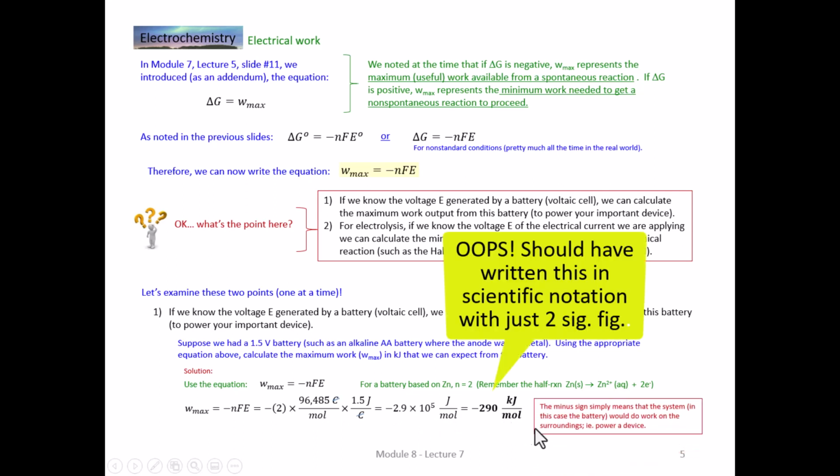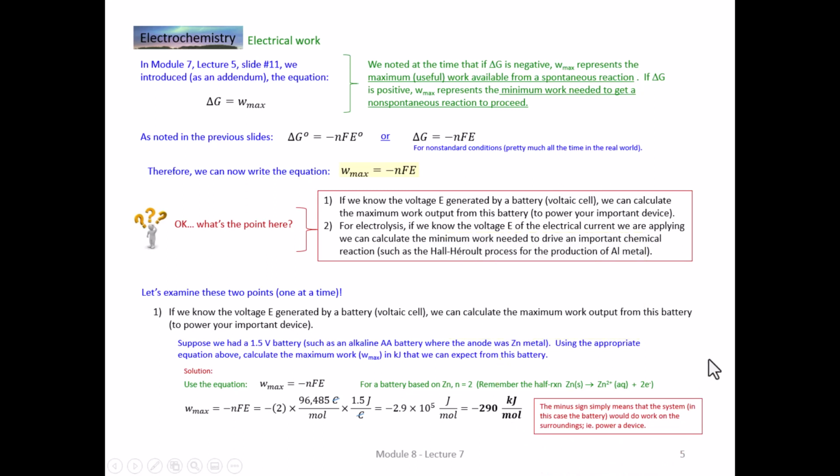Now the minus sign simply means that the system, in this case the battery, would do work on the surroundings, meaning power a device. So we'll try to get a handle on this result of minus 290 kilojoules per mole on the next slide. So as we just said, we calculated we can expect to get a maximum of 290 kilojoules of work.